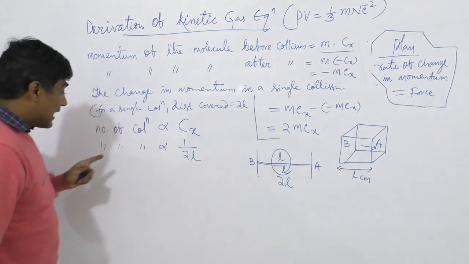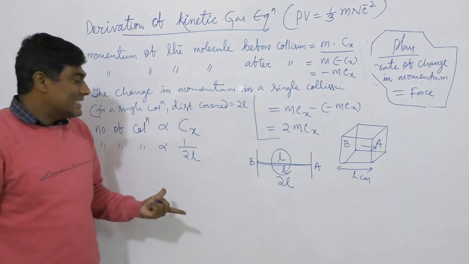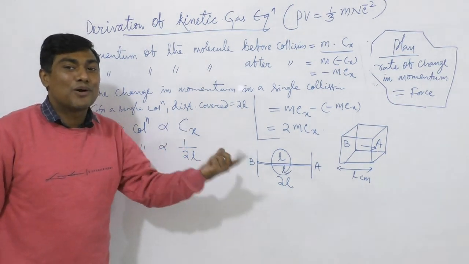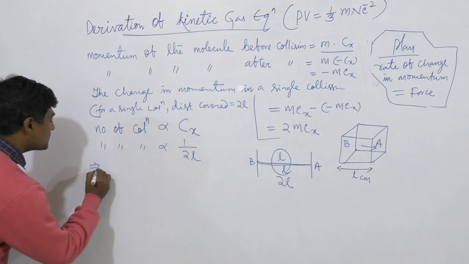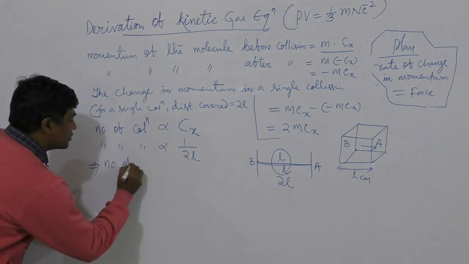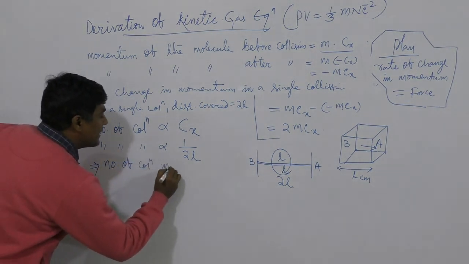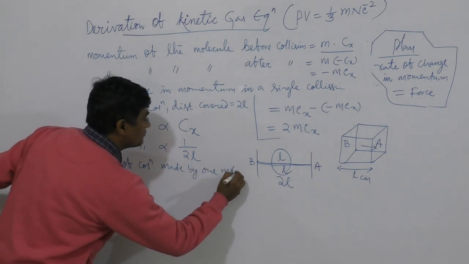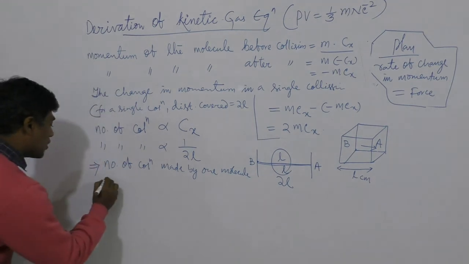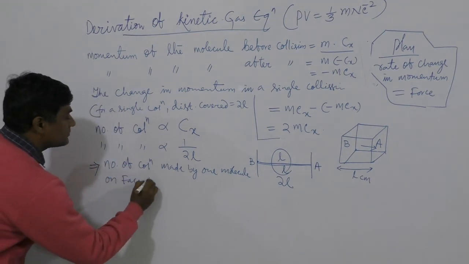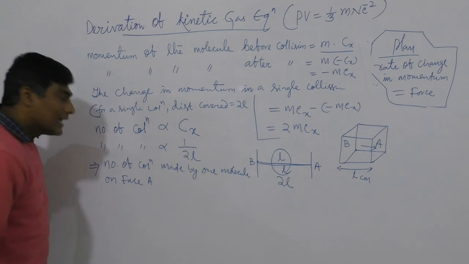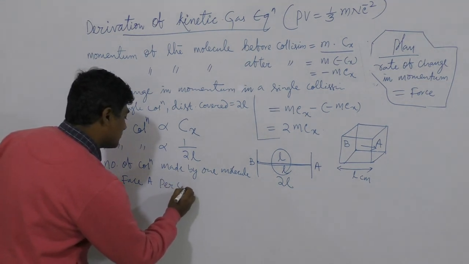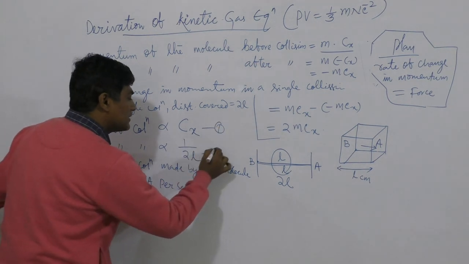Right? Now we will see how this cx and 1 by 2L can be linked to the number of collisions. So we write the number of collisions made by one molecule on face A per second. This is equation 1, this is equation 2.